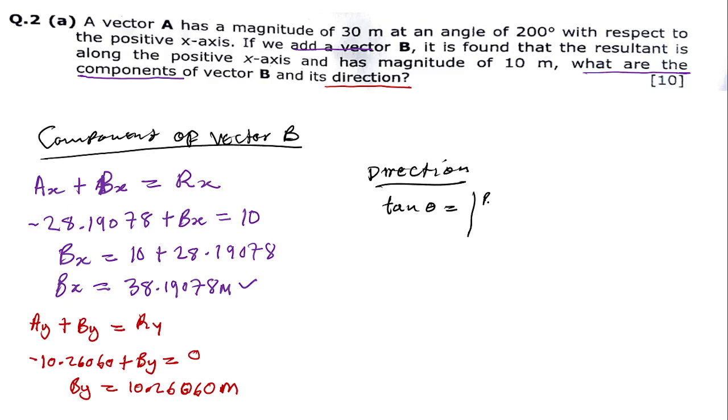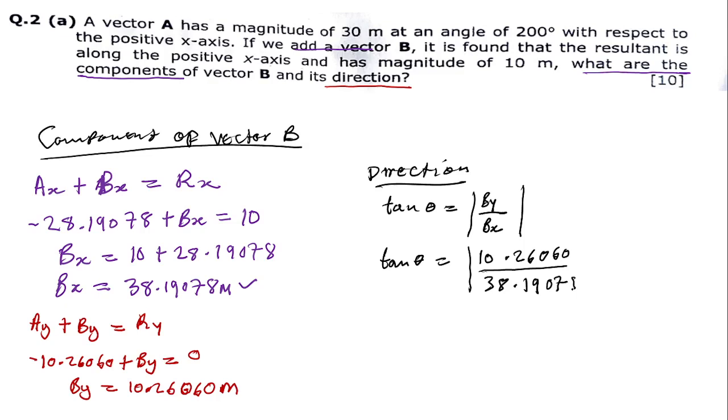So tan theta will simply be equal to the modulus of y, which is 10.26060, over the other one, which is 38.19078. Okay, so this is the reason why I was not rounding off there.